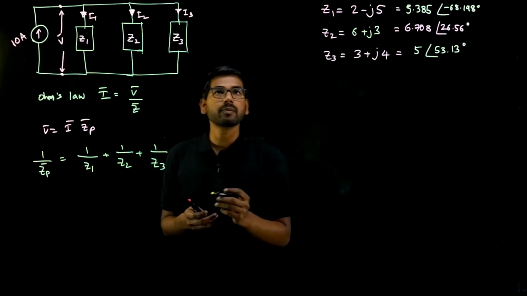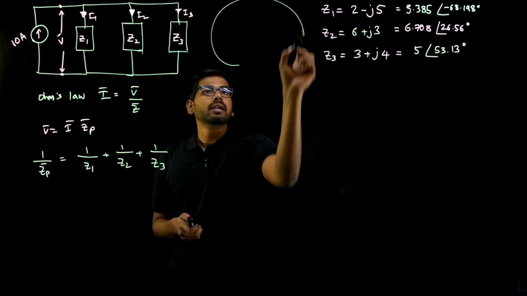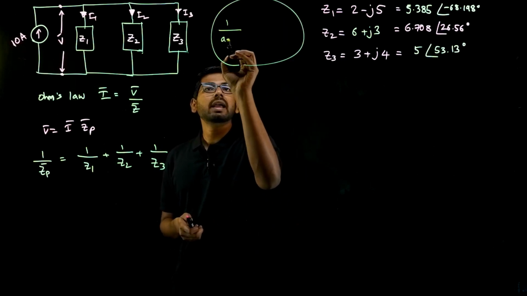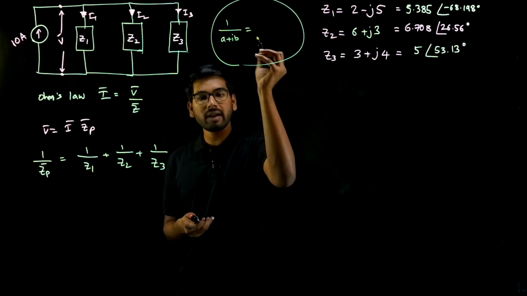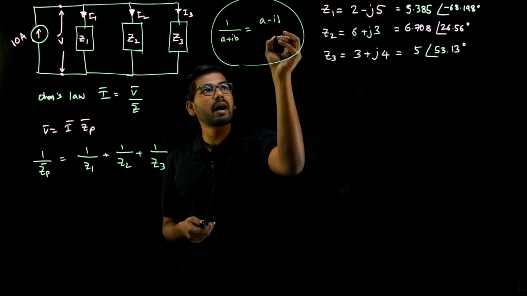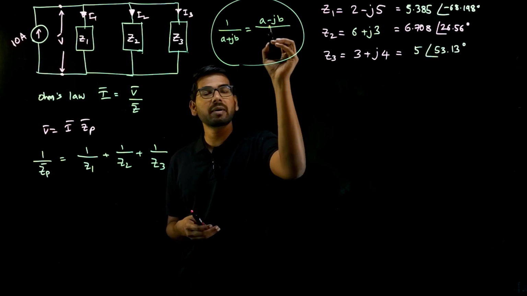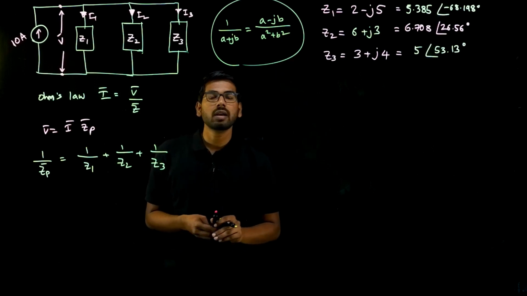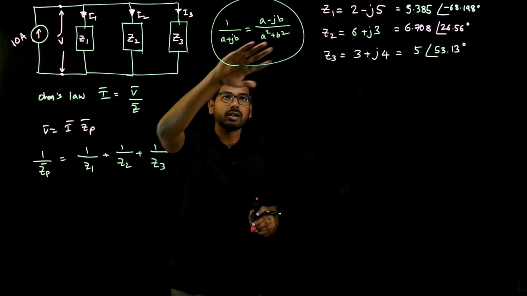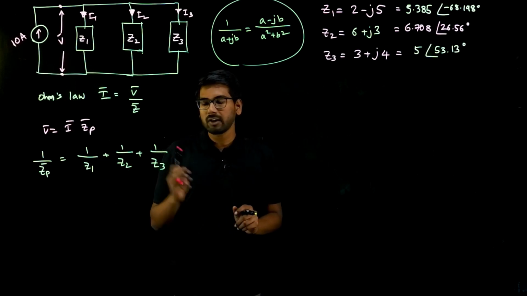If you have 1 by A plus jB, you can write it as A minus jB by A square plus B square. The complex number in the denominator will go to the numerator, and then we can just add them. That's what we will use here.